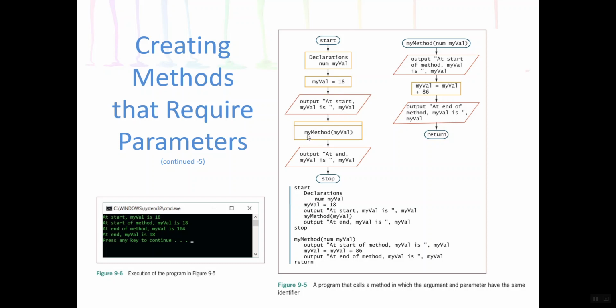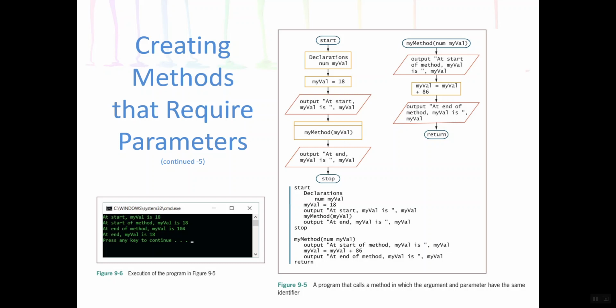Then things get interesting. We call my method and we pass the value of the variable myVal. This is called an argument, and as we know, myVal is 18. So 18 is the argument that gets passed into myVal, the parameter.